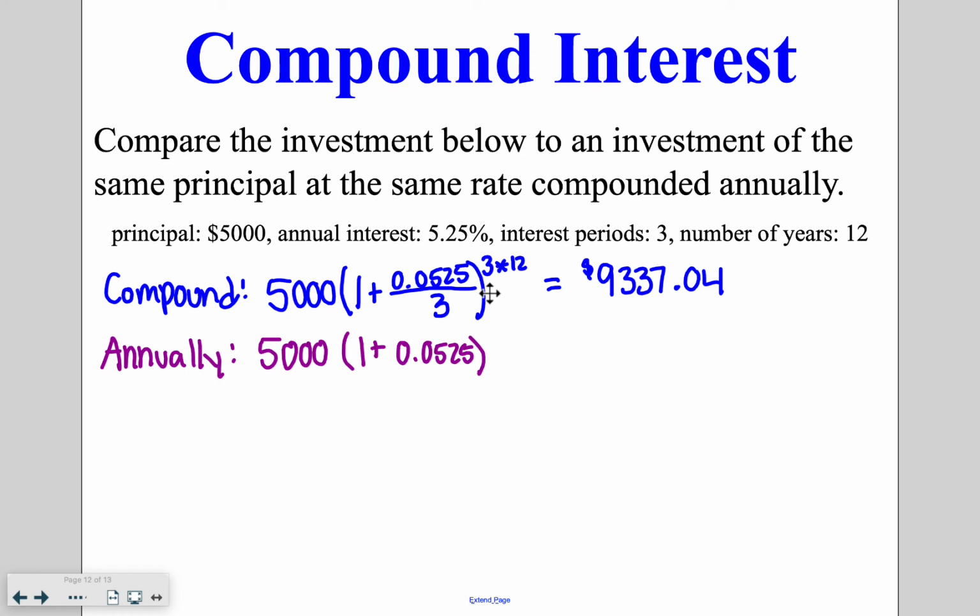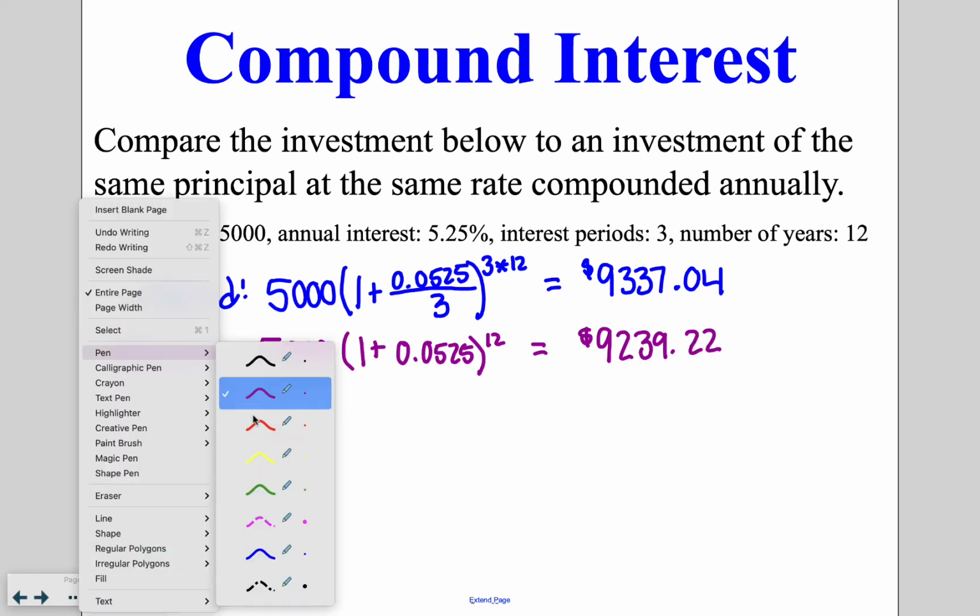I don't have to multiply in my exponent anymore, because 1 times 12 is just going to equal 12. So you can go ahead and plug that into your calculator, and you are going to get a value of $9,239.22.